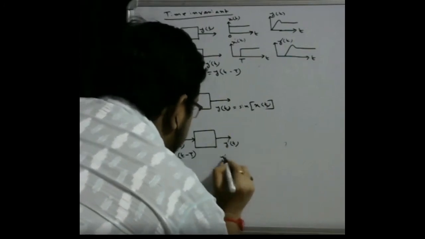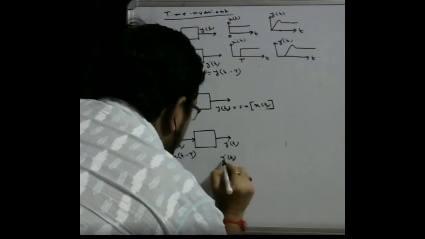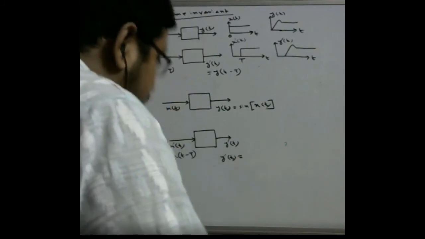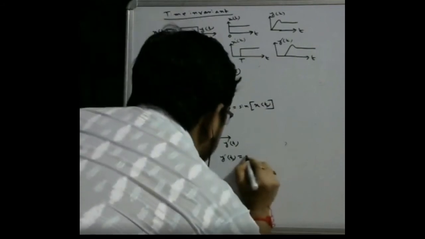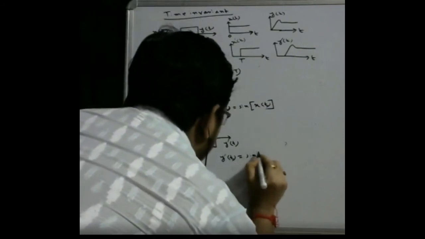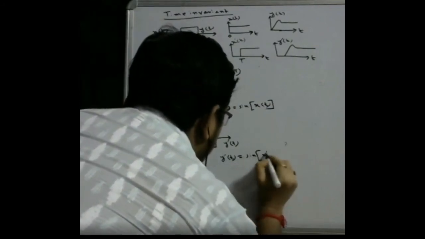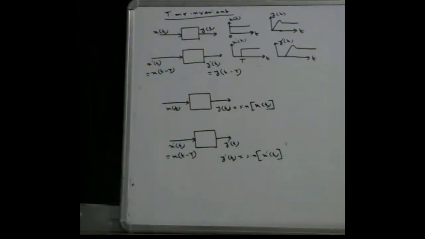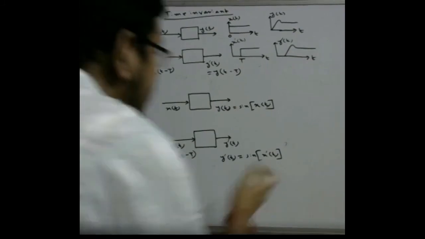So y dash t will be the sine of x dash t. Now x dash t is this much.